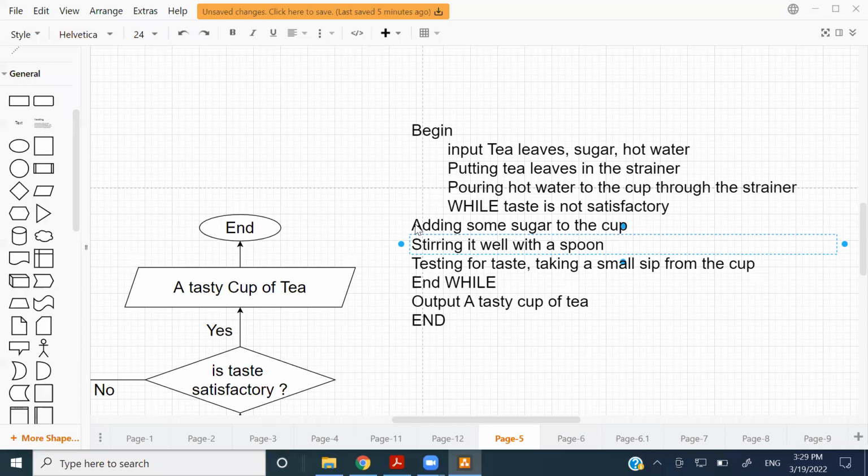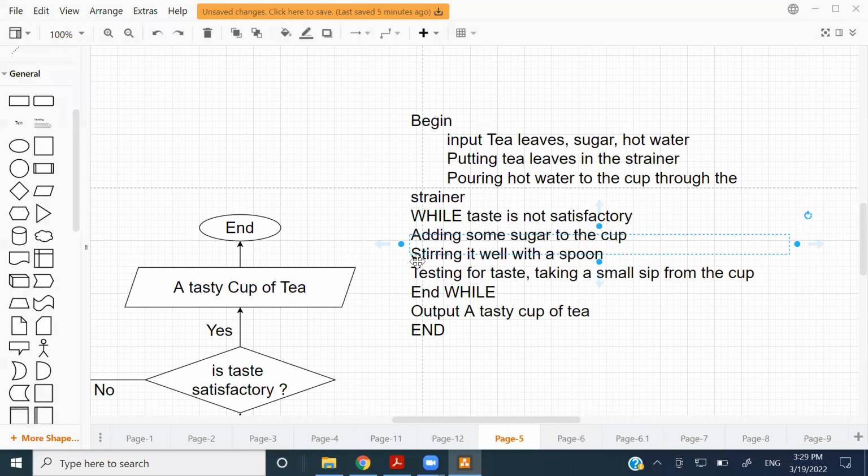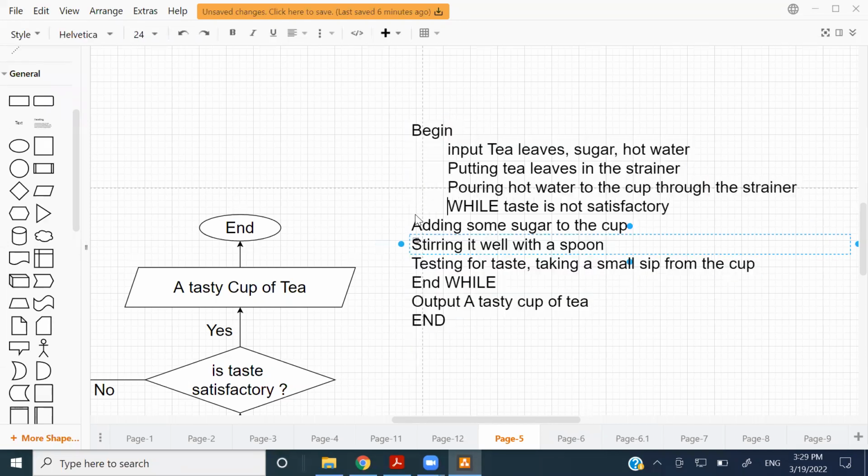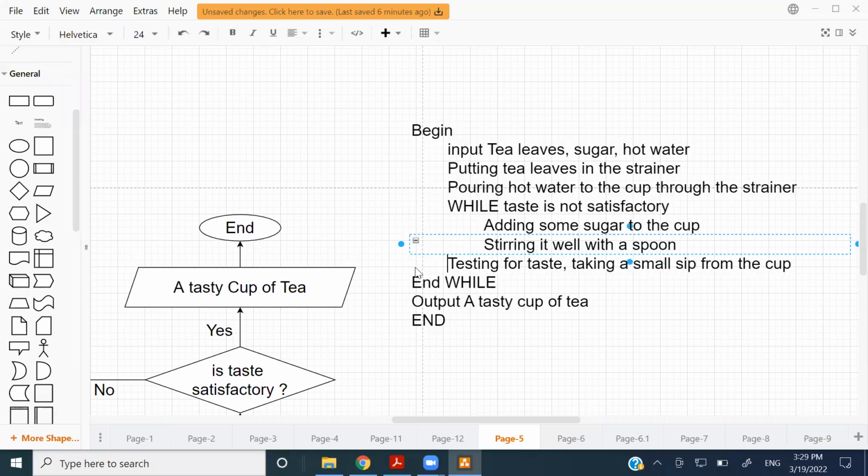So we check whether the taste is not satisfactory, and we add some sugar, we stir it well, and we taste it, and we end the while, and we can output this.